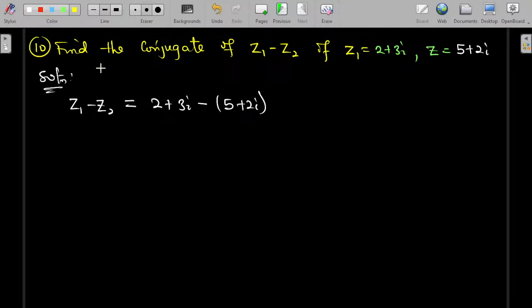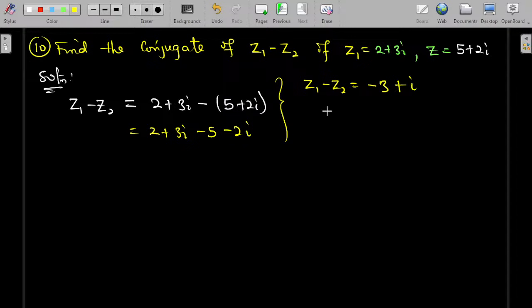Okay, so that's going to be 2 plus 3i, minus will come on this, it will be minus 5, minus will come on this, it will be minus 2i, and that is going to give us that our z1 minus z2 is equal to 2 minus 5 will be minus 3, and then 3i minus 2i is plus i.